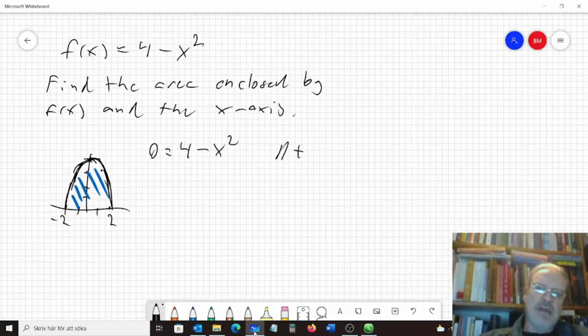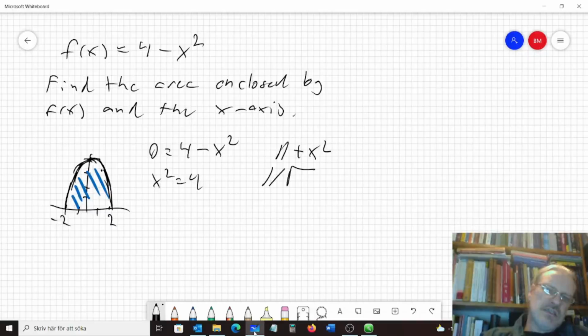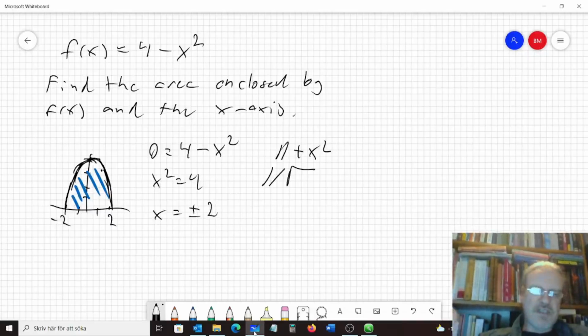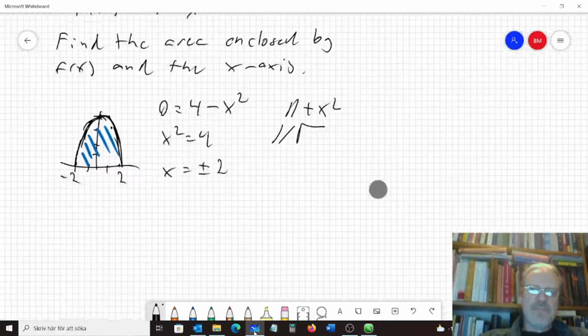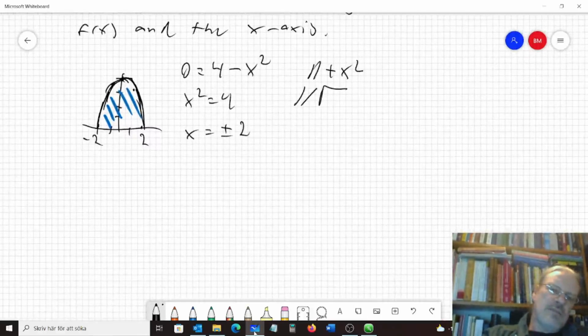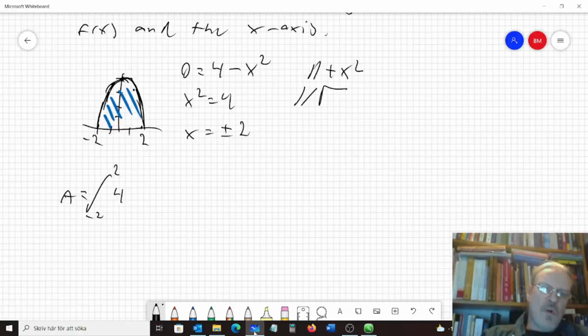Okay, we add x squared on both sides, so x squared equals 4. And then you take the square root of both sides. So we get x equals plus minus square root of 4, which is plus minus 2, exactly as we expected. Okay, so now to find the area, we should integrate from minus 2 to 2 of 4 minus x squared with respect to x.